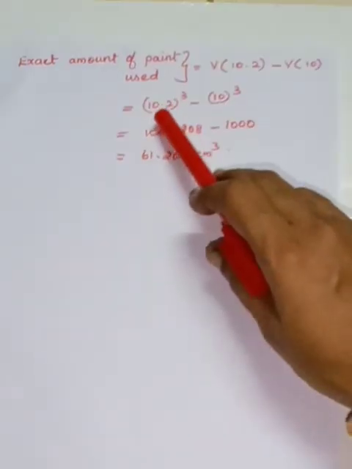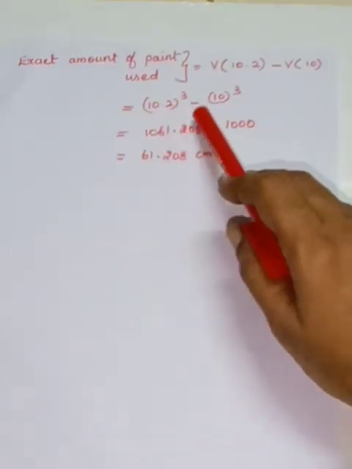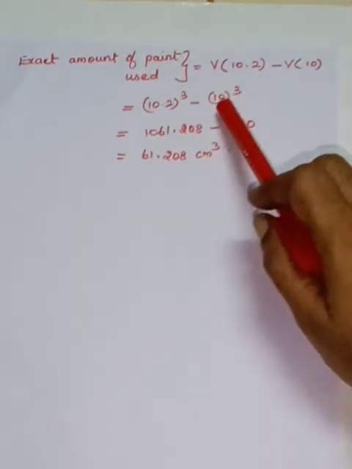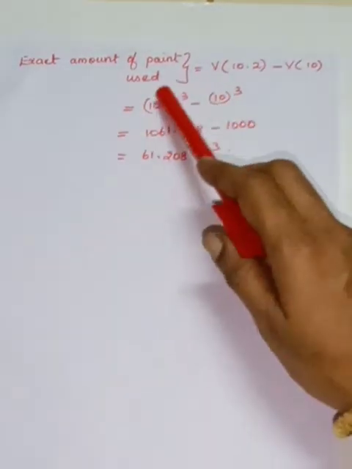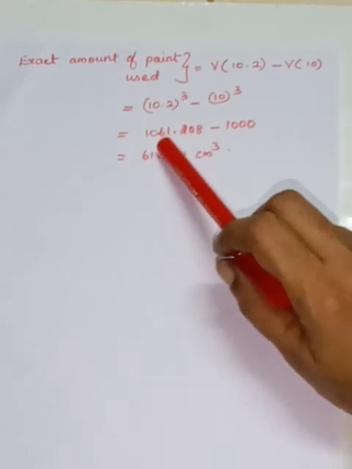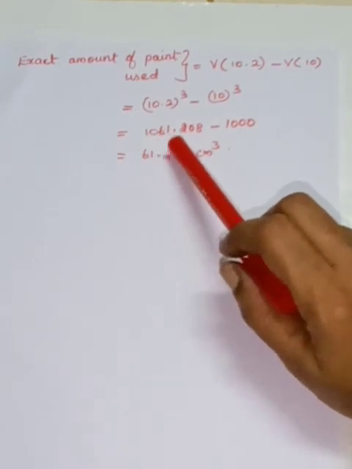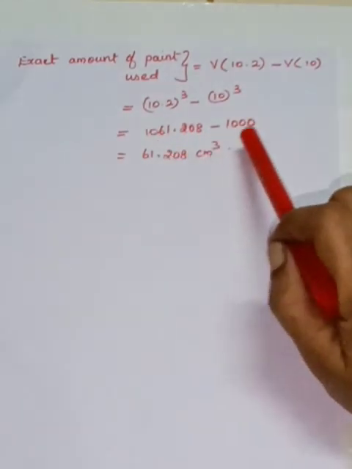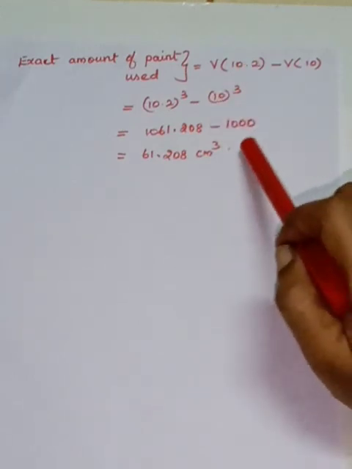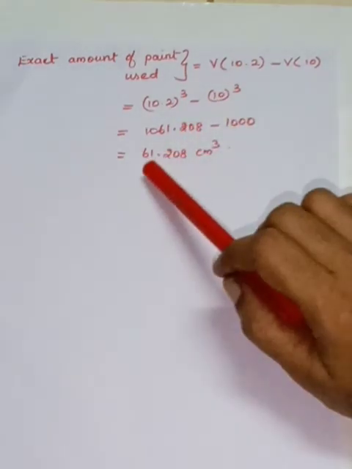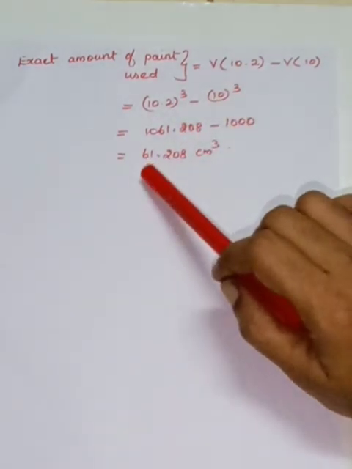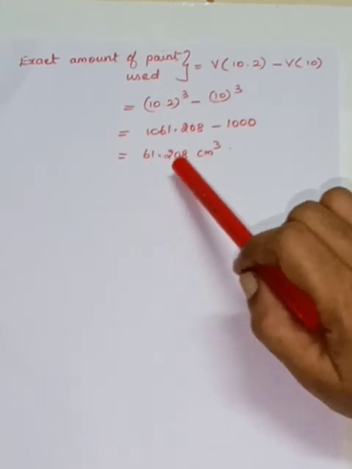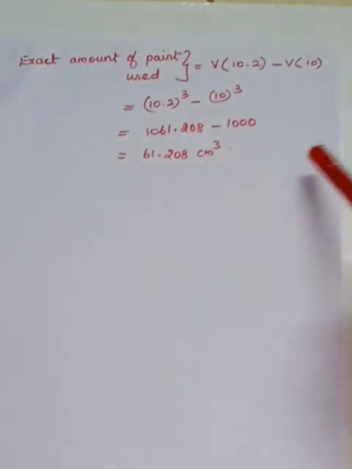So the answer is 10.2 the whole cube minus 10 cube. When you calculate, 1061.208 minus 10 cube, which is 1000. So when you subtract, the exact amount of paint used is 61.208 centimeter cube. Okay, thank you students.